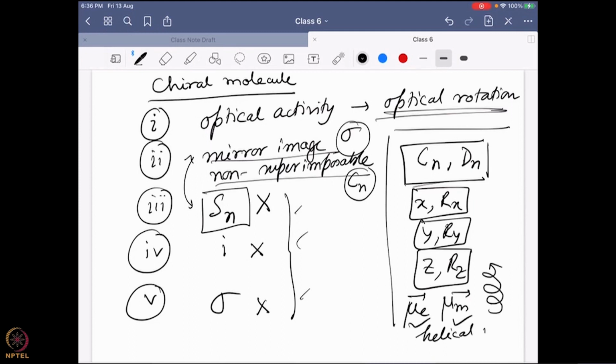And once you create the helical motion, you can differentiate between the right hand circularly and left hand circularly polarized light. Obviously, you're going to get an optical rotation. So the only thing you have to remember if you want to find out optical activity is whether the point group of the molecule belongs to Cn and Dn or not. That much is going to define whether the molecule is optically active or not.